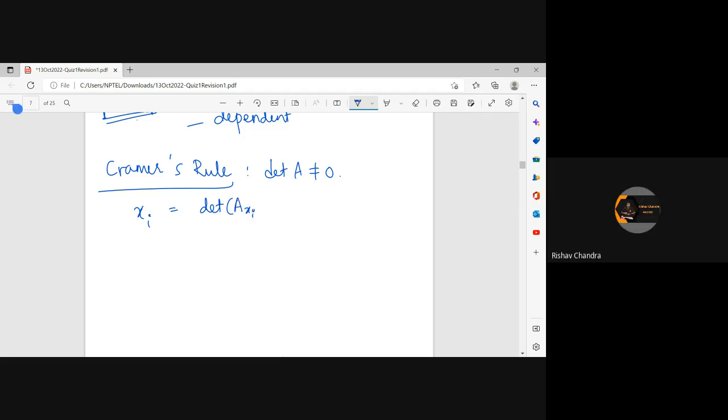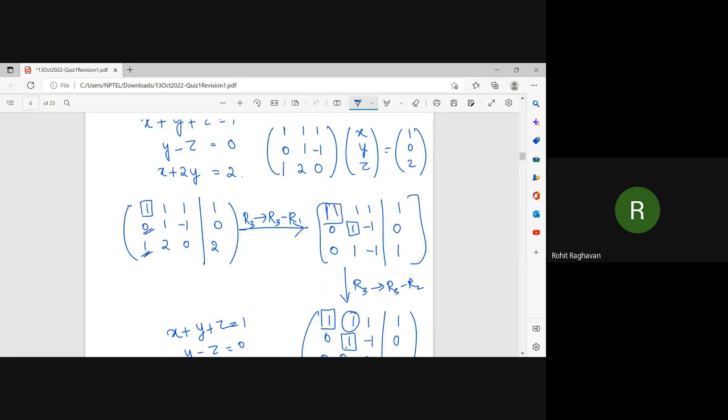By putting the ith column to B. Yeah. In the matrix A, you replace the ith column with B, find the determinant of that matrix, and divide it by the determinant of the original matrix. So you get the exact values for x1, x2, xn, right? Yes, ma'am. So it's a unique solution.